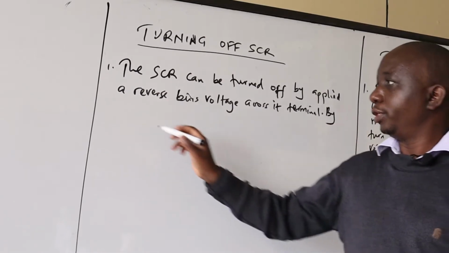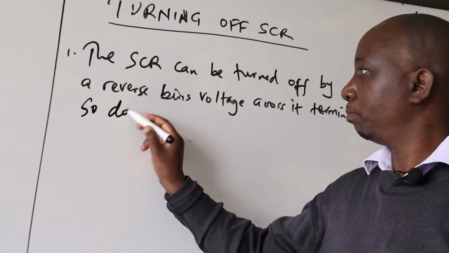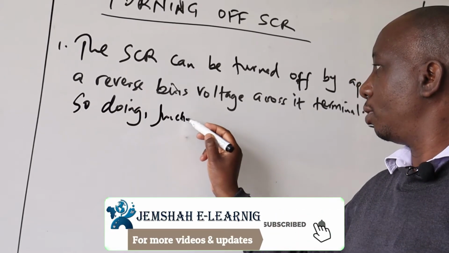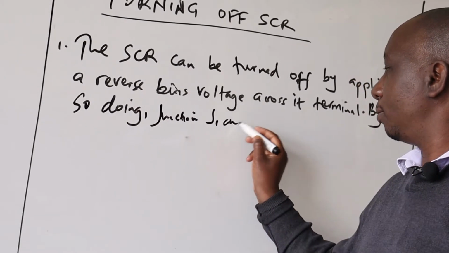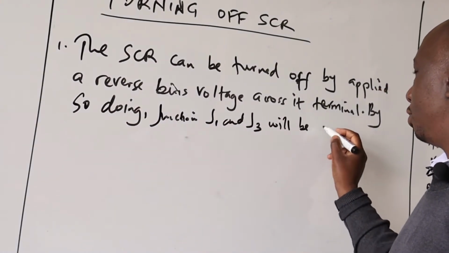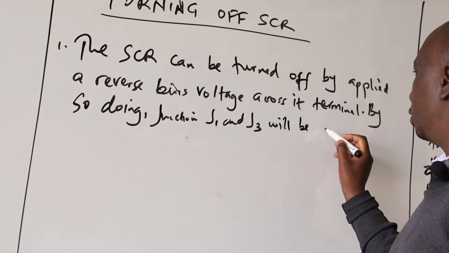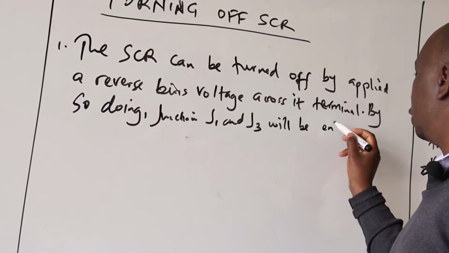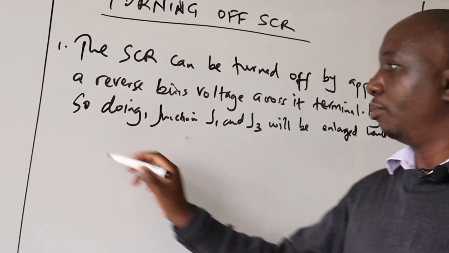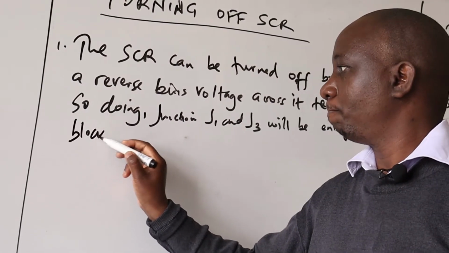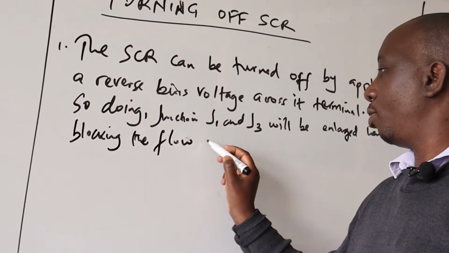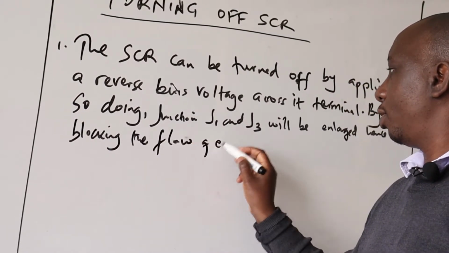By so doing, junctions J1 and J3 will be enlarged, hence blocking the flow of current.